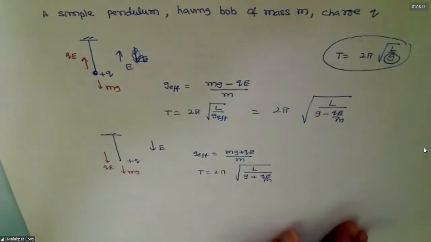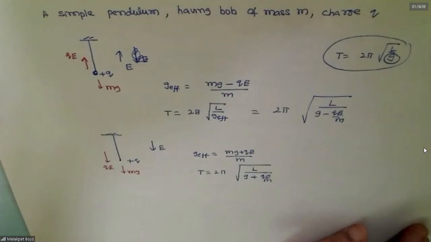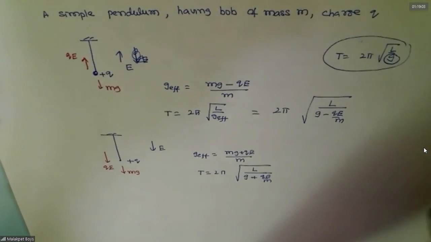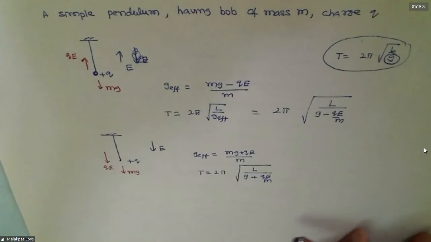Again, why derive the whole thing? You want to consider tension and all? Again you should derive the whole thing for this equation. Already I derived this, no? That's why I am taking g effective.